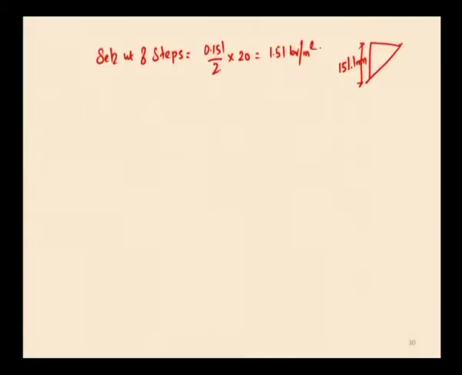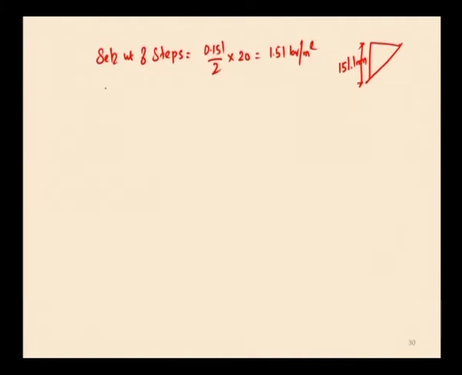Normally we are using brick as a material for the construction of the steps. So, the unit weight is 20 kilonewton per meter cube, and it will become 1.5 kilonewton per meter square. This is the way of calculating the weight of steps. Average height of the step is 0.15 by 2.